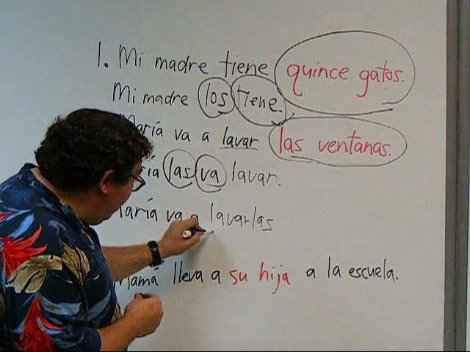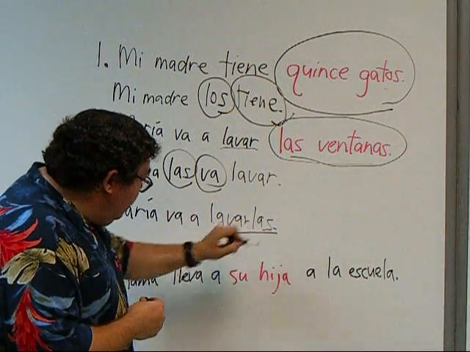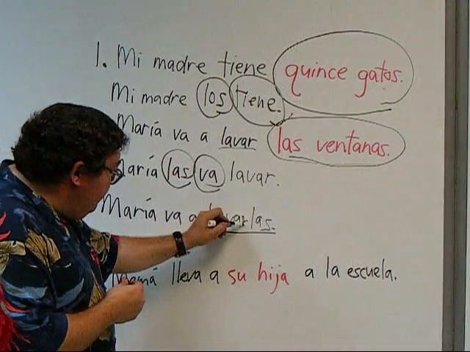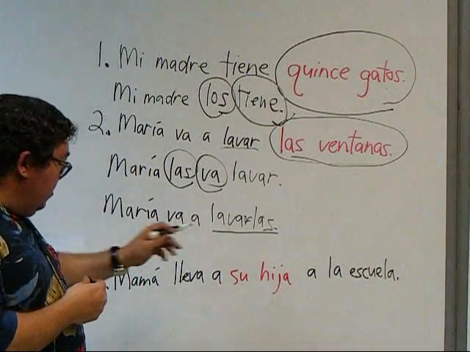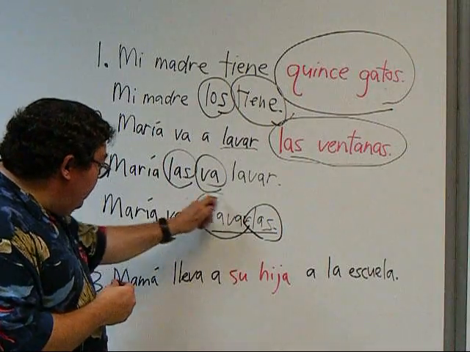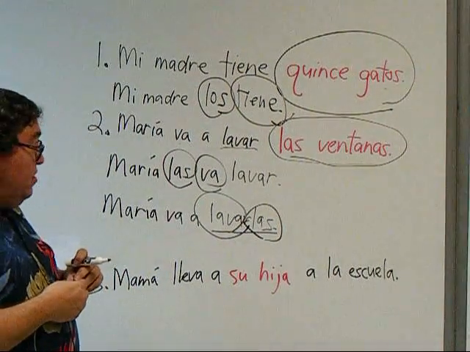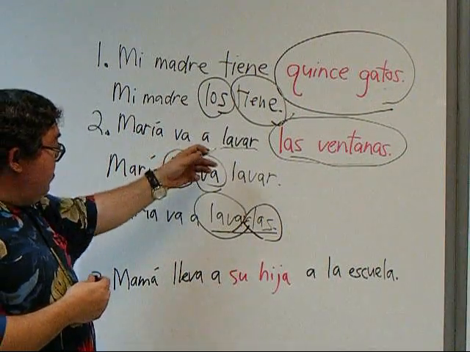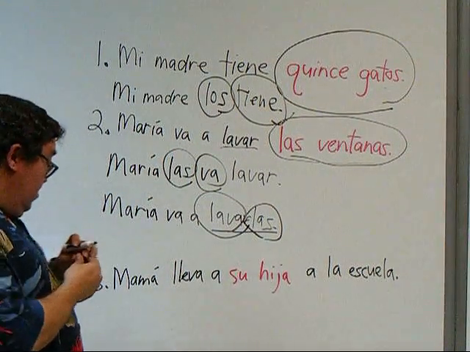Now notice in this case, I've run that all together, and that is Maria va lavarlas. Lavarlas, where the las is put right on the end of the infinitive lavar. So there's the two options, and in your homework you'll have some where you'll have to do both options.